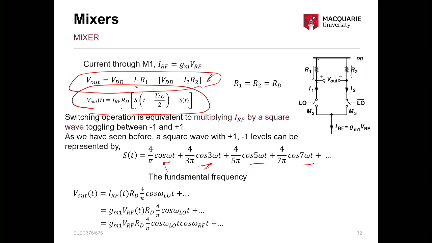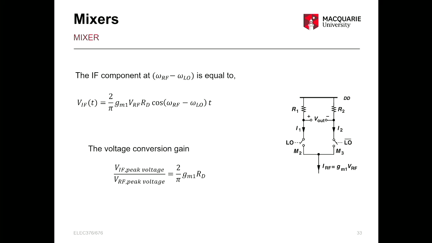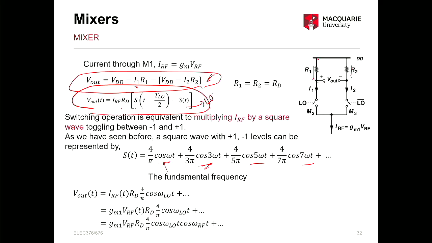And this is our LO. This is our RF. So the current due to RF and the voltage due to LO, the current due to RF and the current due to LO, multiplied with the resistor.